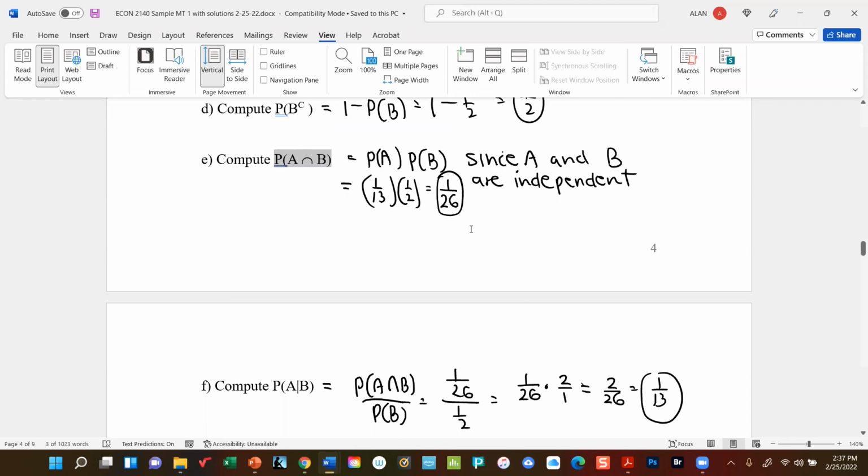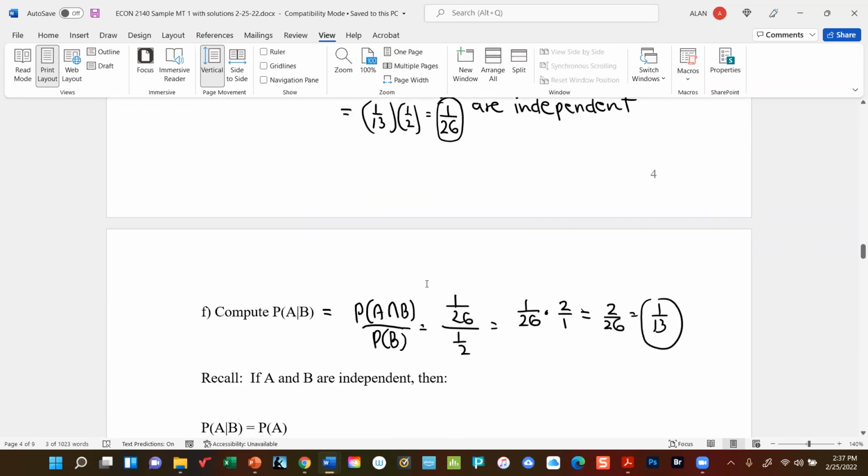Remember, the probability of A and B is 1/26, and the probability of B is 1/2. So the ratio of those two is equal to 1/13. What I've done here algebraically is 1/26 divided by 1/2, which is equivalent to 1/26 times 2/1, and that in turn gives me 2/26 or 1/13.